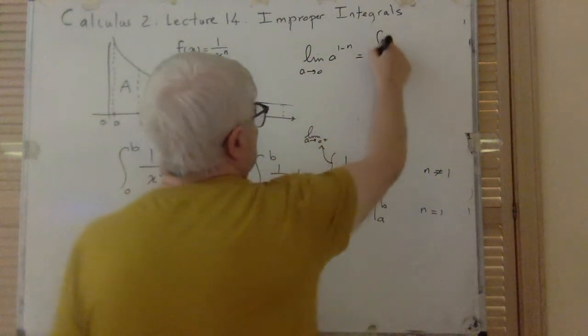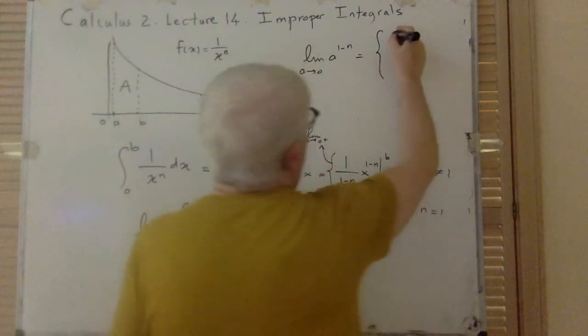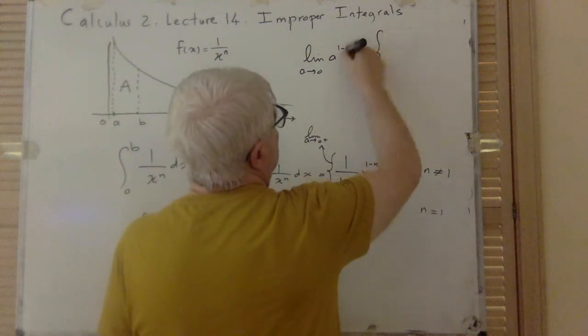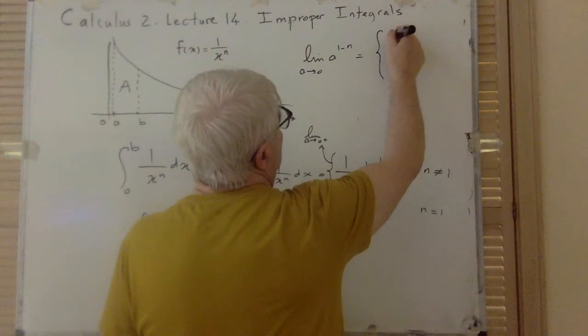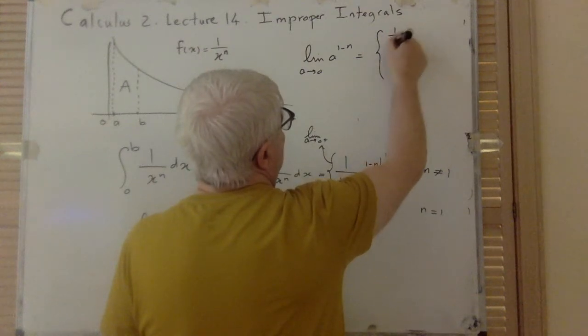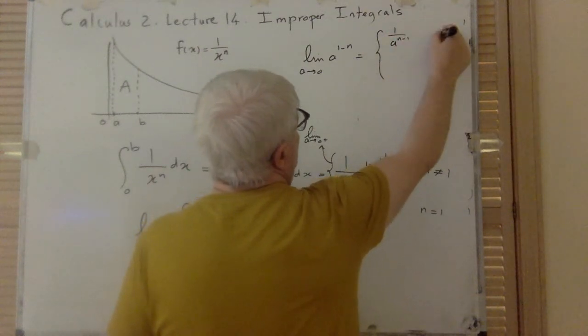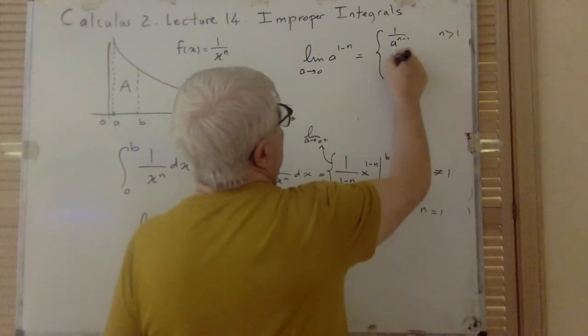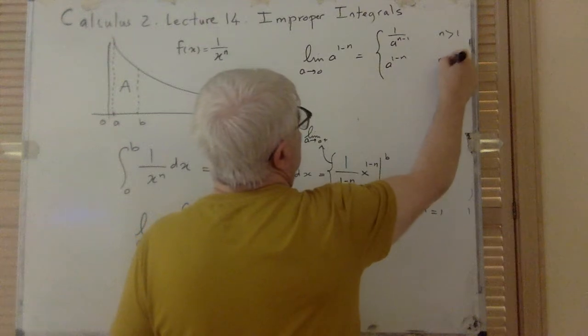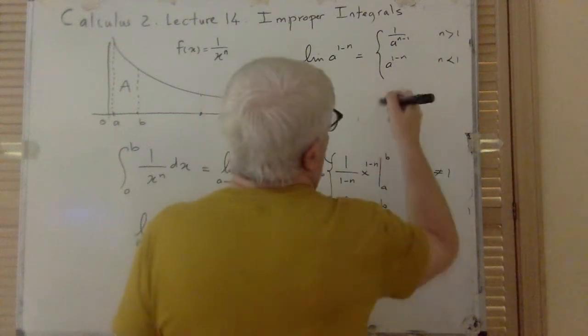So again, I divide it in two. One is when n is bigger than 1 and the other is when n is less than 1. So for n bigger than 1, I will get a to the power n minus 1 in the denominator, and the other one is a to the power 1 minus n, when n is less than 1.